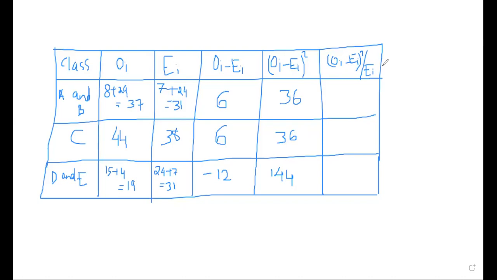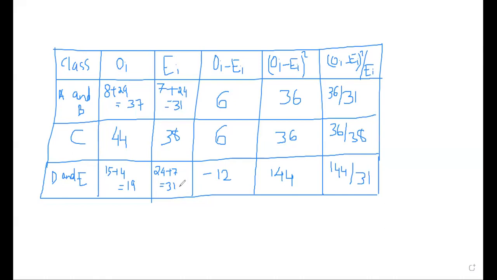Then OI minus EI the whole square divided by EI: 36 divided by 31, then 36 divided by 38, then 144 divided by 31.